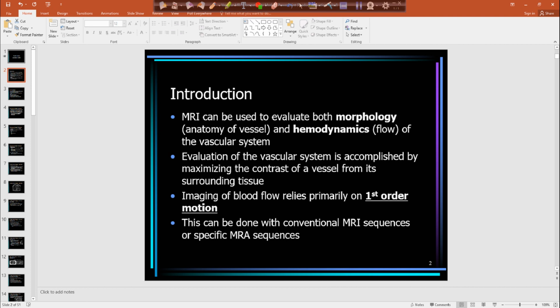All right, so what we're going to be talking about today is vascular. And what we're really going to be talking about is how MRI can be used to evaluate both the morphology, which is the anatomy of the vessel, and the hemodynamics, which is the flow of the vascular system.